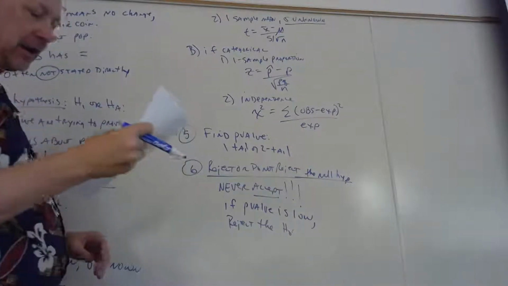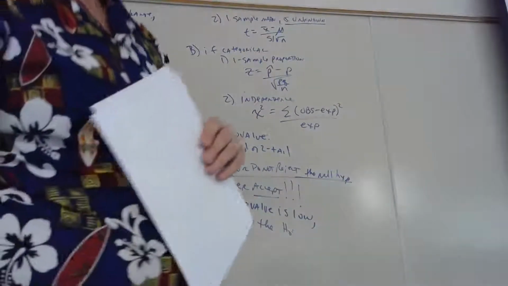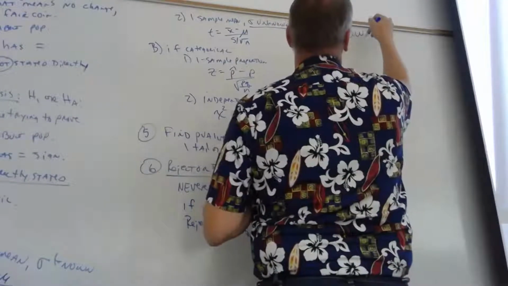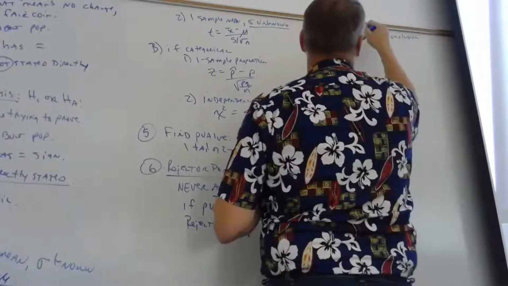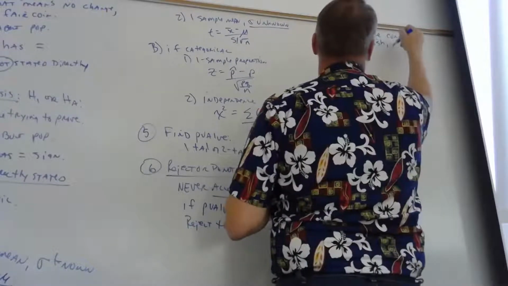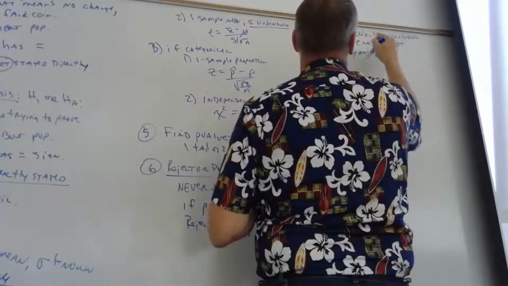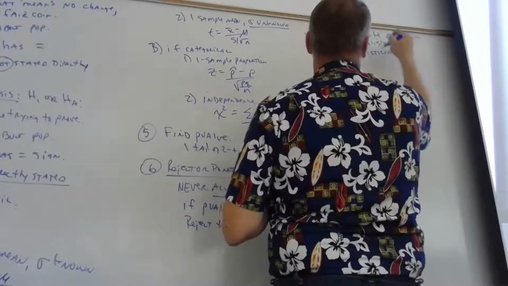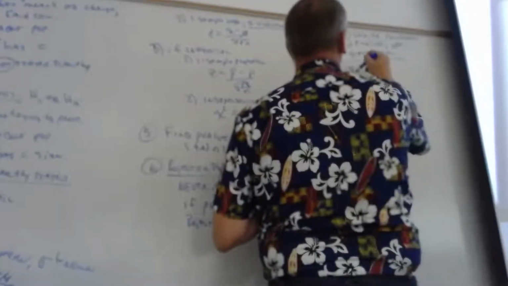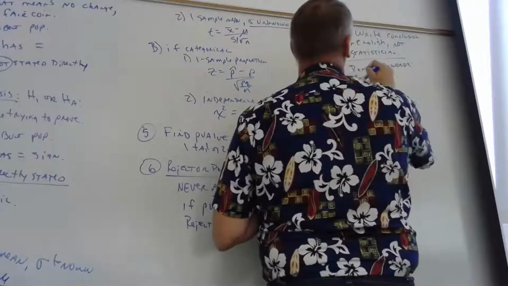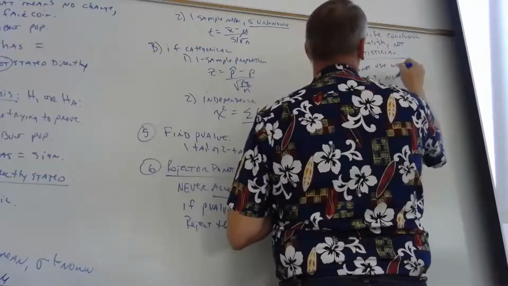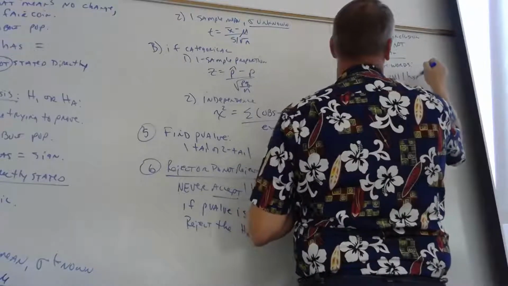And step number 7, you guys are going to like step number 7. Step number 7 says write the conclusion in English, not statistician. Which means, when I say that, do not use the words reject, null, or hypothesis.